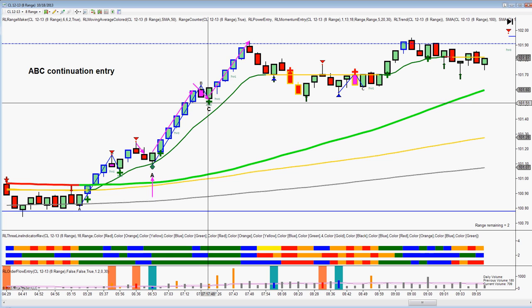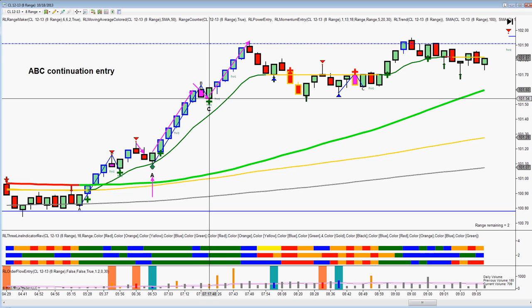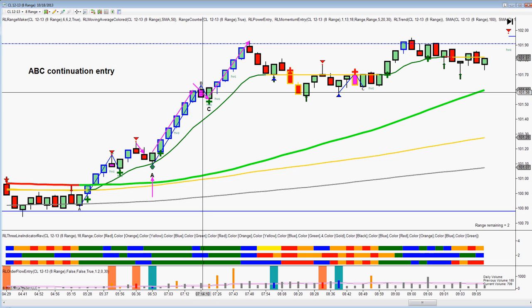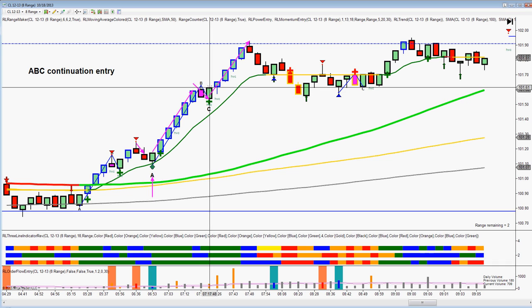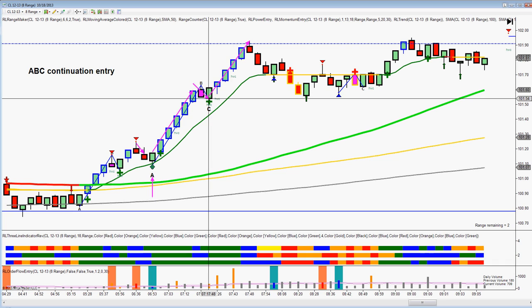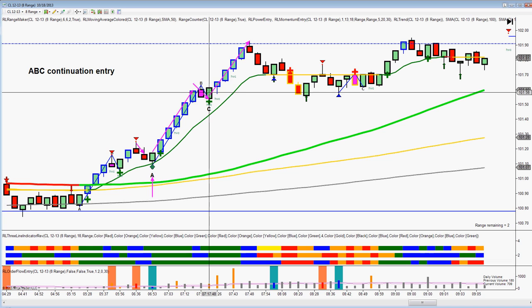And then, in order for there to be a confirmed C, the C must engulf the B candle. Now, by Steve Nison's definition, an engulfing candle only involves the body of the candle. The wick is not important. So the body of candle C, the low must equal or exceed the low, and the high must equal or exceed the high of candle B.